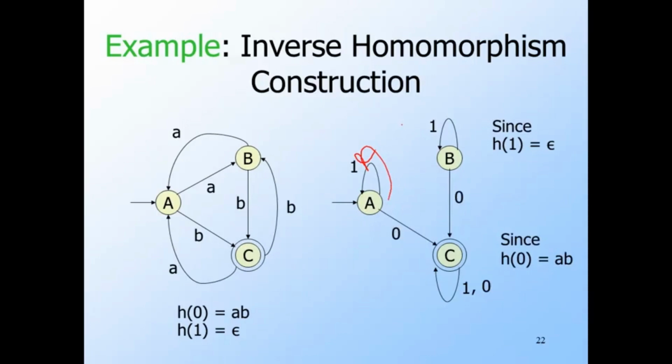For example, starting in state A and following the path labeled AB, you wind up in state C. That explains why the transition from A on 0 goes to C. Similarly, starting at B and following the path labeled AB, you also get to C. And the same thing is true if you start from C, you get A and then B.